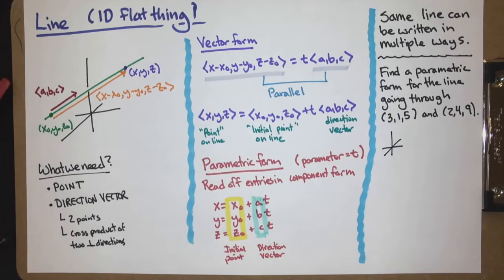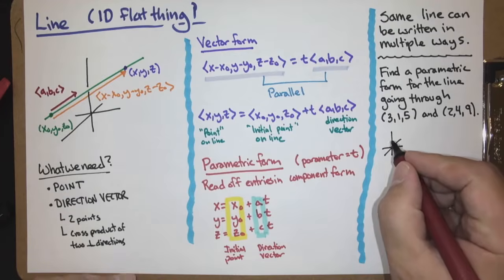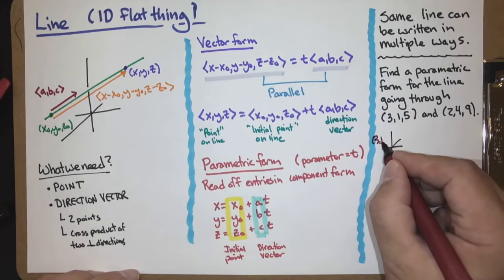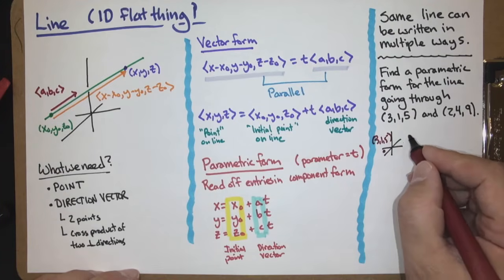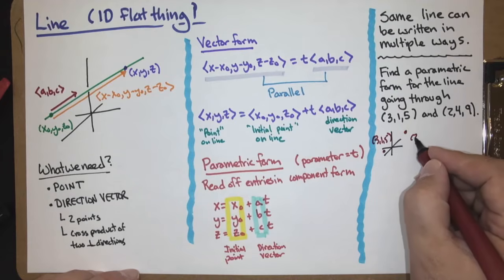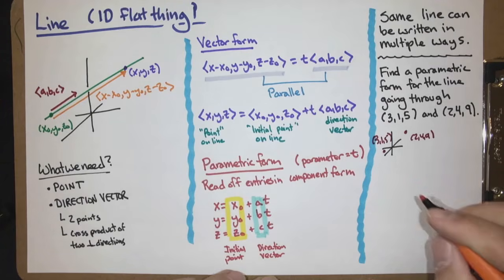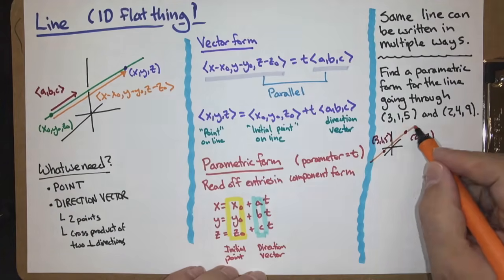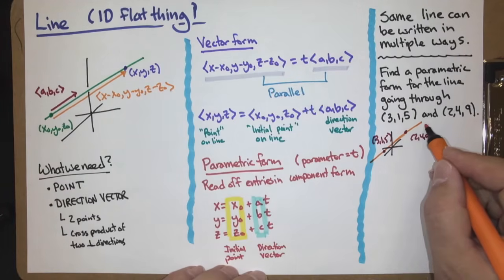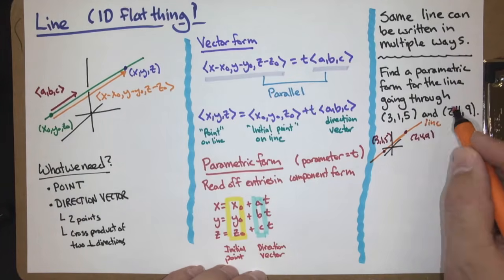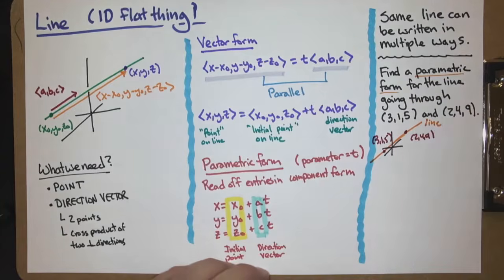It has to be a tiny picture, but we have (3, 1, 5). Here's a point, and here's point (2, 4, 9). And once you have 2 points, you just say, look, there's a unique, straight, one-dimensional thing that goes between those 2 points. That's your line. That's what we're trying to find. And we're told parametric form.